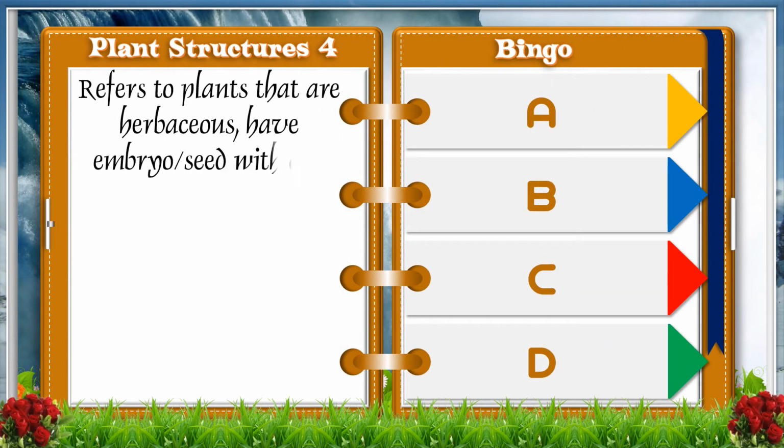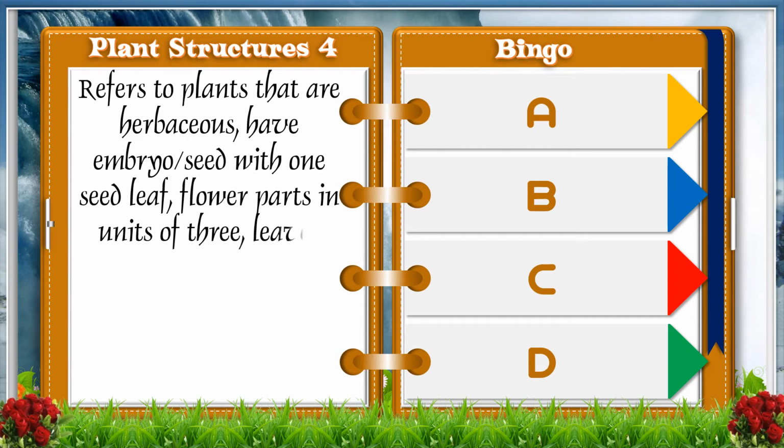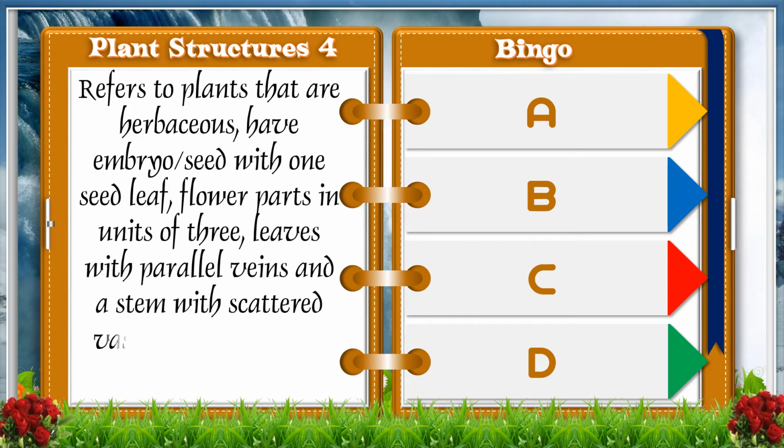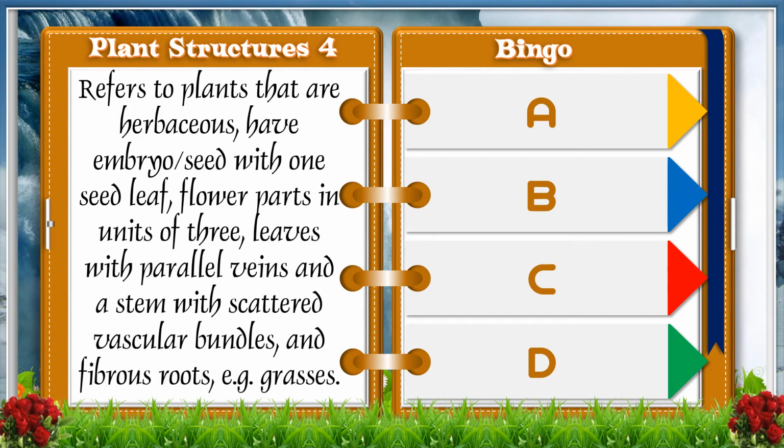Refers to plants that are herbaceous, have embryo/seed with one seed leaf, flower parts in units of 3, leaves with parallel veins and a stem with scattered vascular bundles, and fibrous roots. For example, grasses.